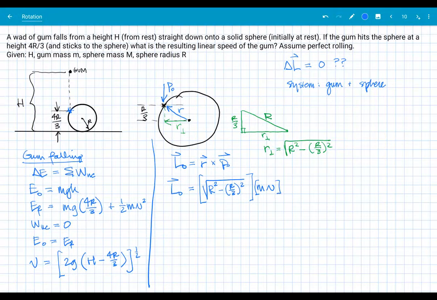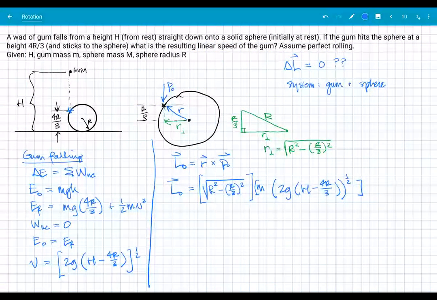Now we just figured out v when we did the energy analysis for the gum falling, remember? So we can actually know what that looks like. So I'm going to go back and say m times 2g times h minus 4R over 3, all to the 1/2. Okay, so that's my expression for initial angular momentum.